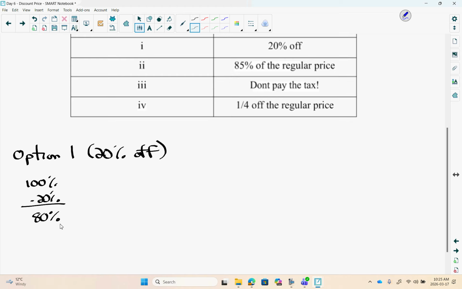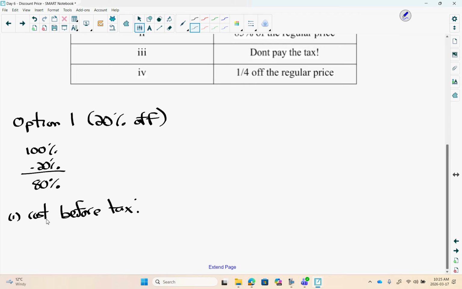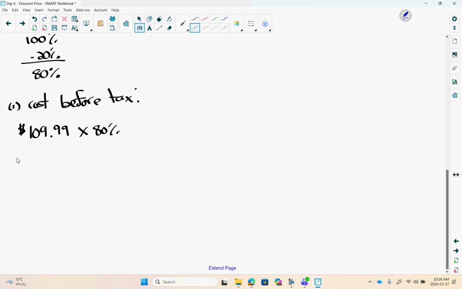Now, if I want to know the cost before tax, I'm going to take the cost of the hard drive, which is $109.99, and I'll multiply it by how much? 0.8. 80%, which is 0.8. And what is 109.99 times 0.8?